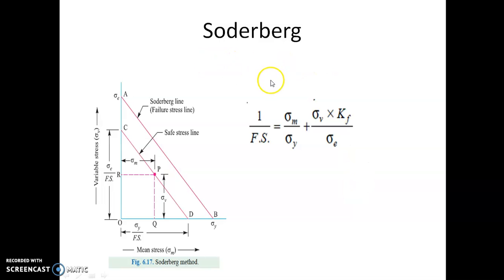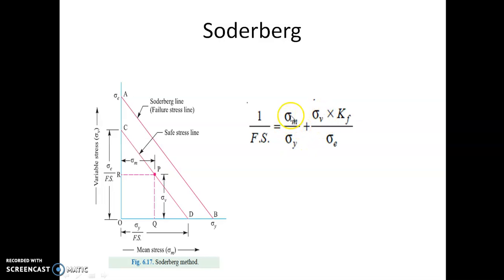So the Soderberg equation, the Soderberg method: sigma minus 1 and sigma y are joined, 1 by factor of safety equal to sigma m by sigma y plus sigma v by sigma e, or sigma minus 1. Here sigma m is the mean stress, sigma y is the yield strength, and sigma v is the variable stress.